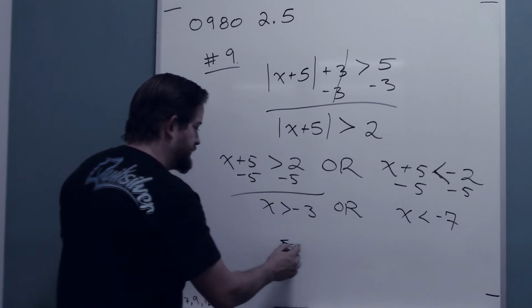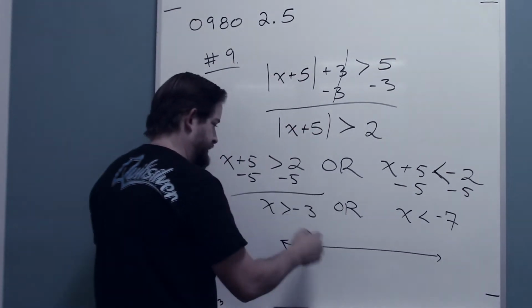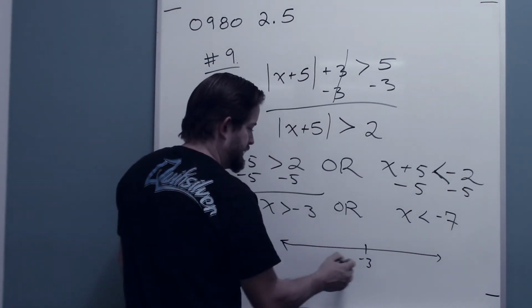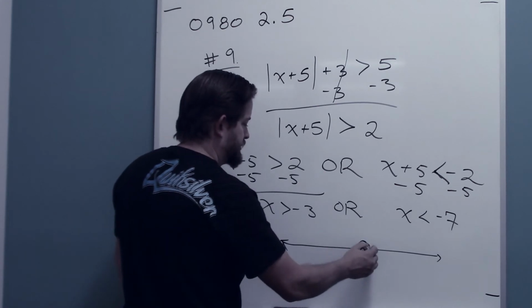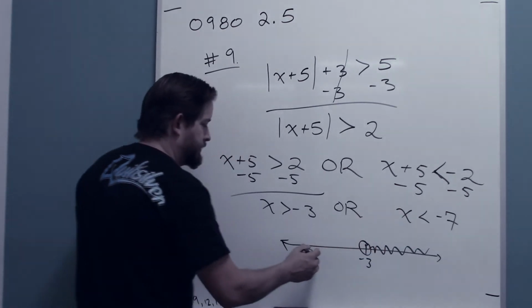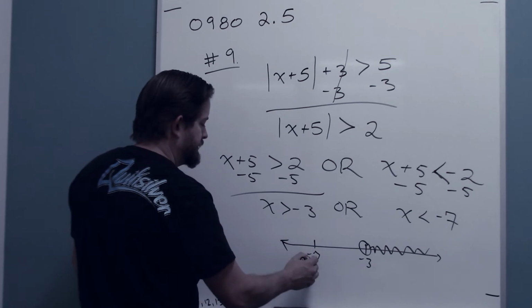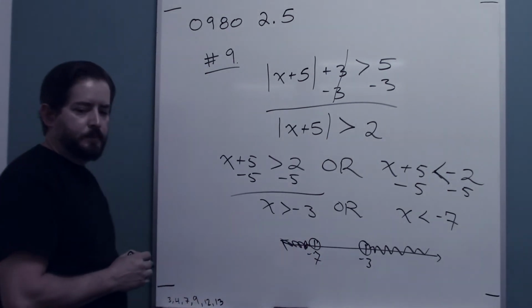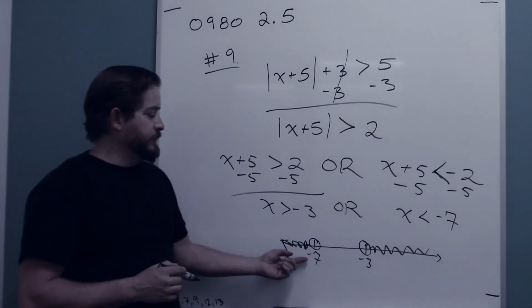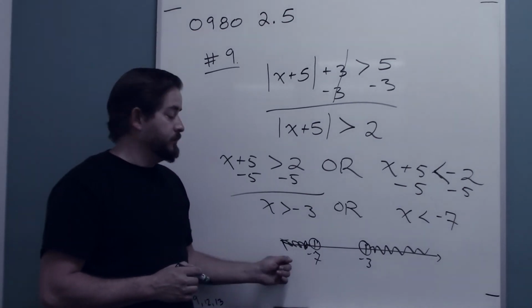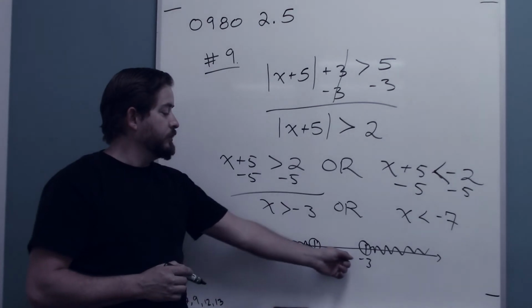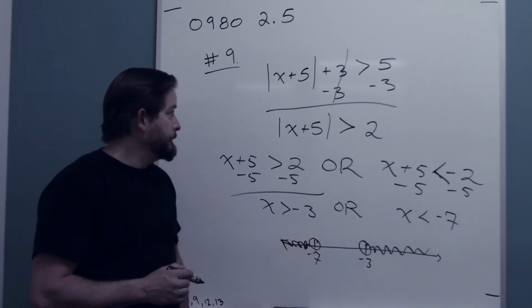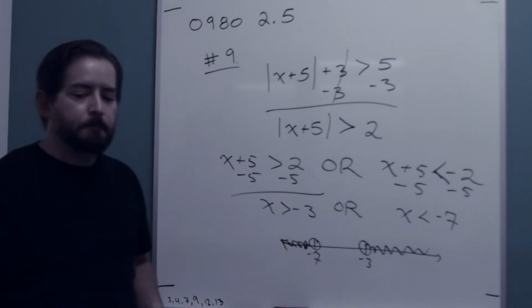And so graphically, if it's greater than negative 3, pick a spot, call it negative 3, open circle and shade to the right, or it could be less than negative 7, open and shade it to the left. And we would turn this into interval notation, I'll leave that to you, but it would be a union because there's that gap.